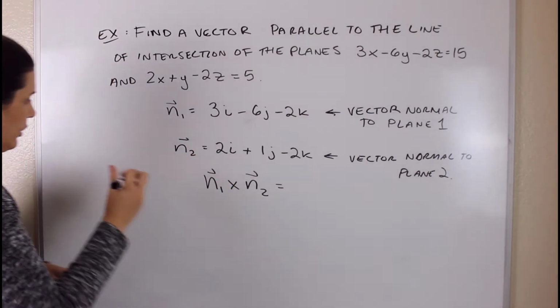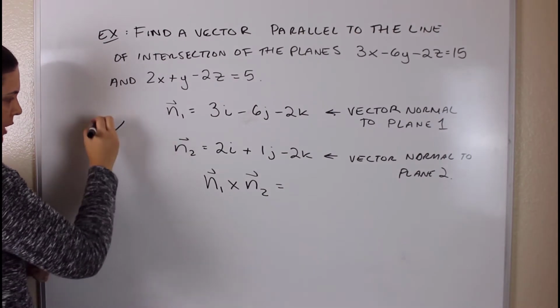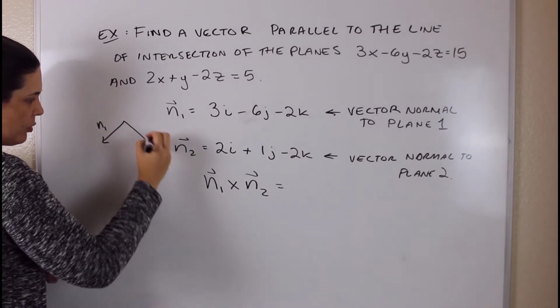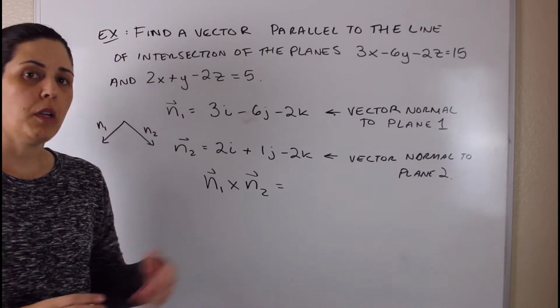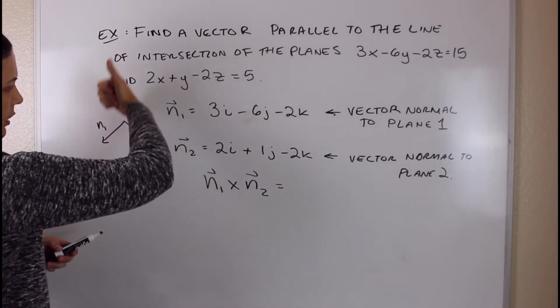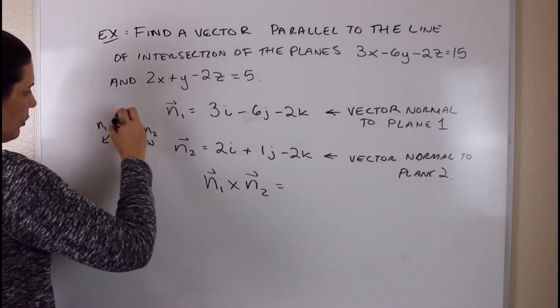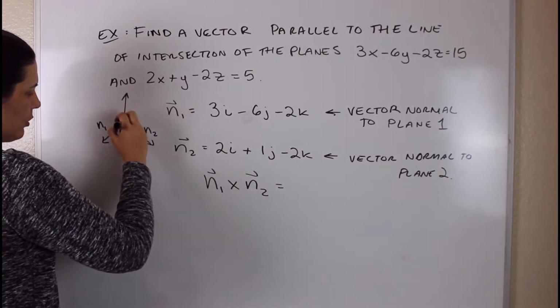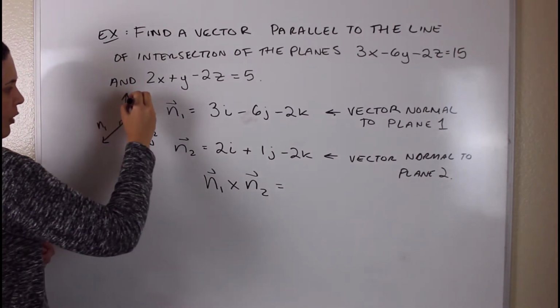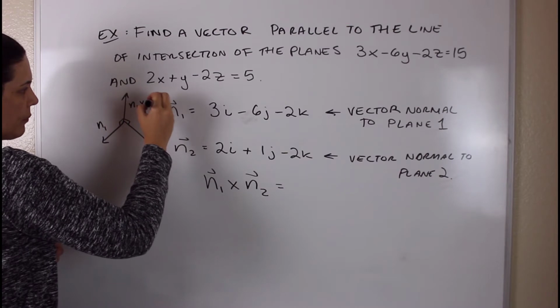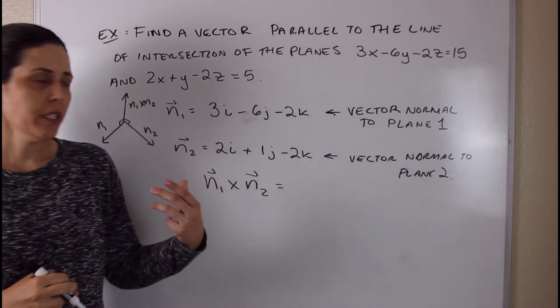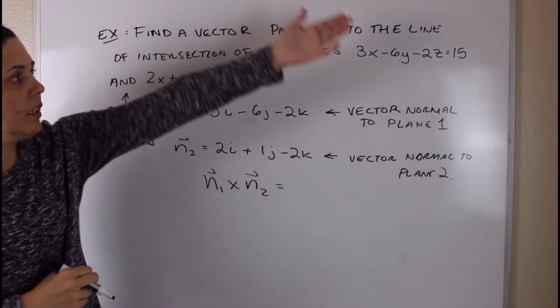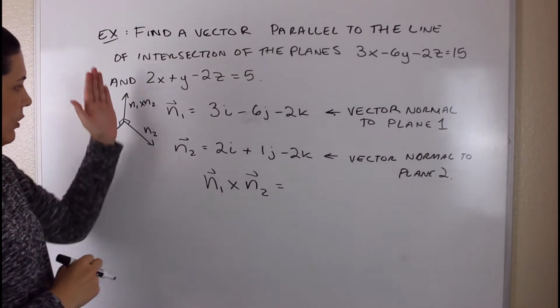Okay, so just a really quick visual for you. If this is n1 and this is n2, then when I do my cross product, the vector, using my right hand rule, would be perpendicular to those two. There'd be a right angle here and here. That would be n1 cross n2. And we just wrote down that the line of intersection is perpendicular to both of those.